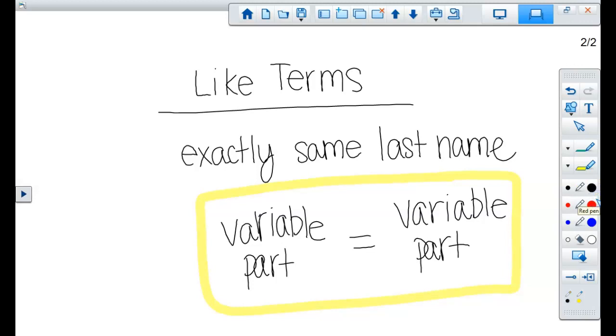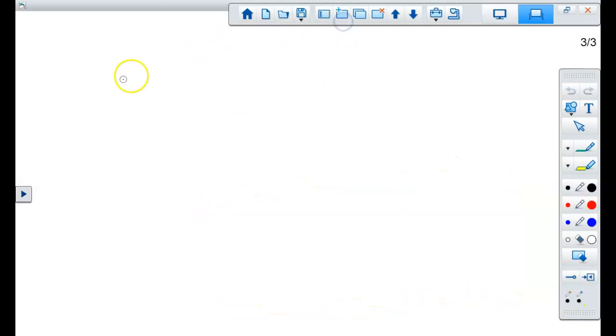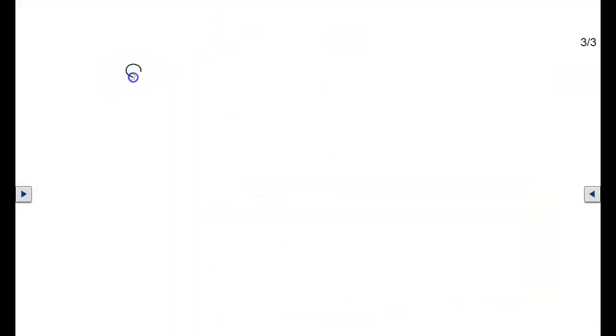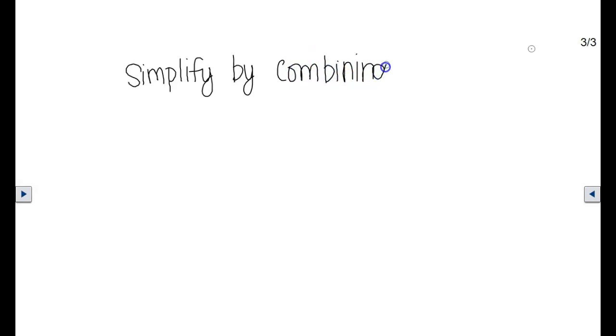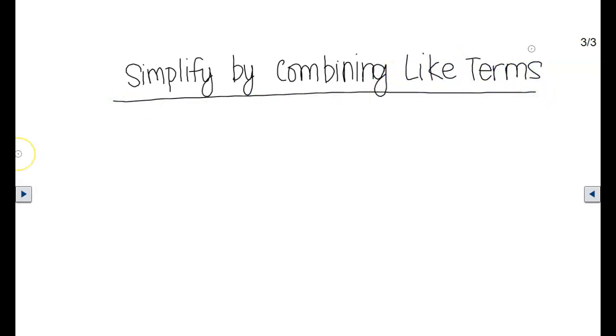Now, today we are going to put this idea of like terms to good use. Because today we are going to learn to simplify math problems by combining like terms. So we're going to simplify by combining like terms.